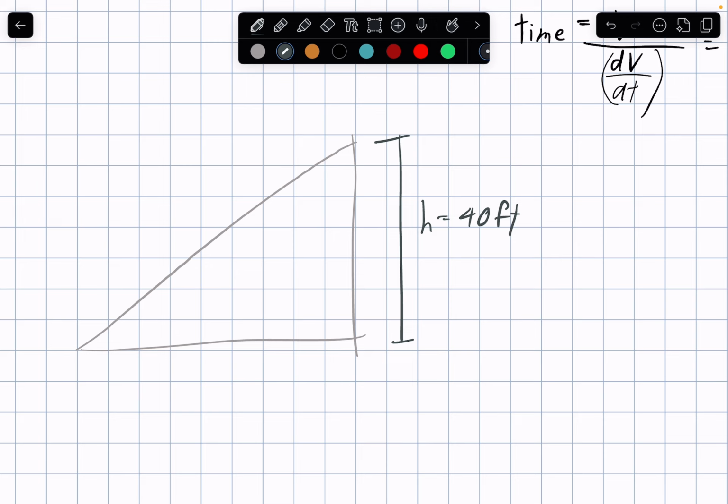If the kite moves horizontally at 5 feet per minute directly away from the boy flying it, how fast is the cord being paid out? How fast is the cord being paid out means how fast is the cord of the kite being pulled away from the boy. So dx over dt is equal to 5 feet per minute.